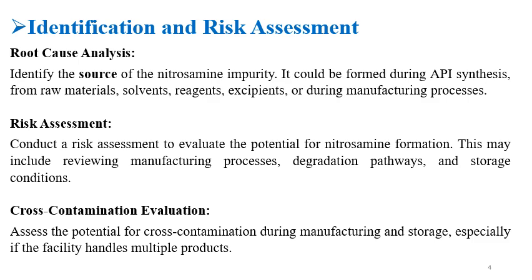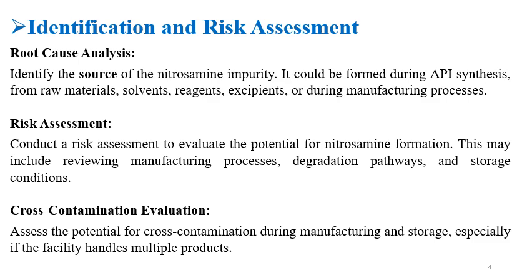It involves root cause analysis, risk assessment, cross contamination evaluation. Root cause analysis involves the steps to identify the source of the nitrosamine impurity. It could be formed during API synthesis from raw materials, solvents, reagents, excipients, or due to the storage conditions during manufacturing process.